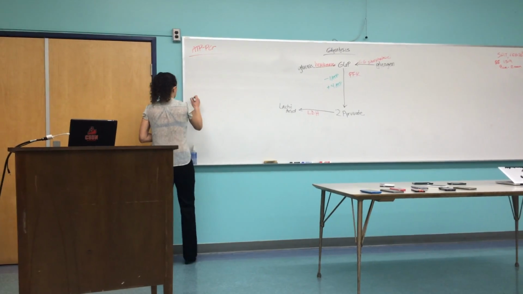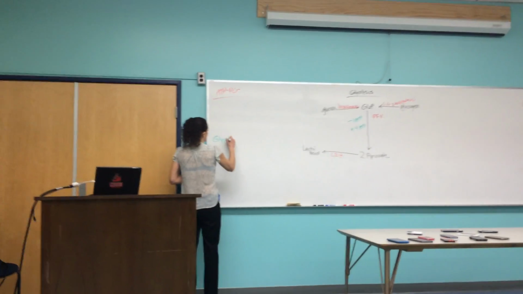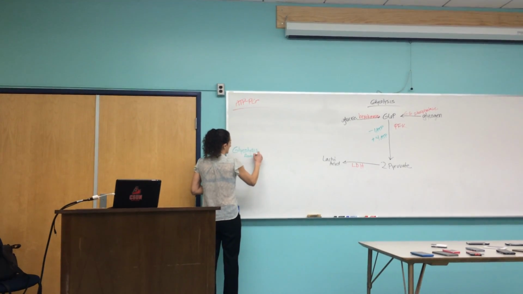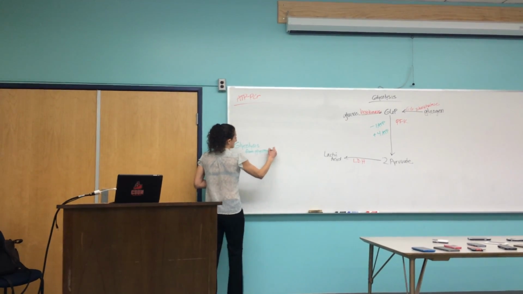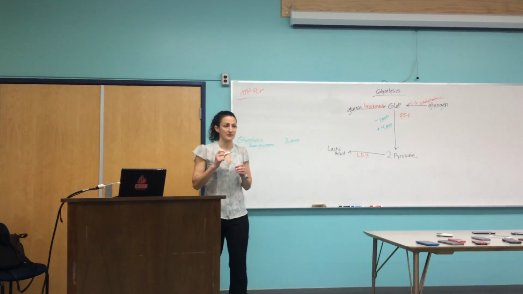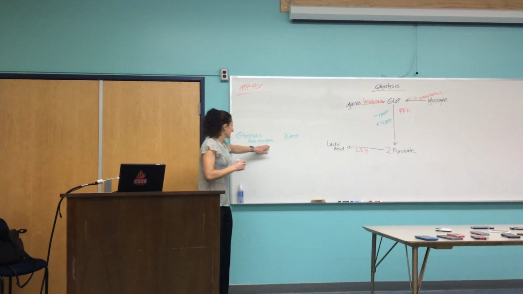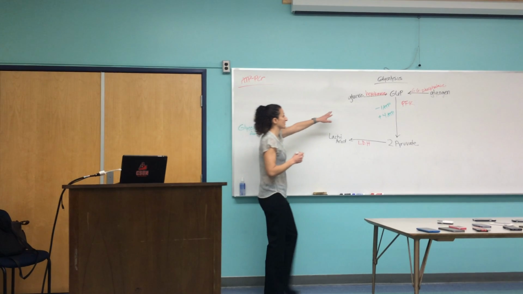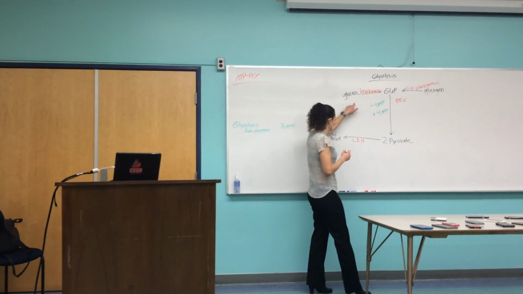Okay, so let's write down here: glycolysis from glycogen will yield 3 ATP. Everybody okay with that number so far? Okay, so I'm specifying from glycogen because it's going to be a little bit different coming from glucose. Where's the glucose?